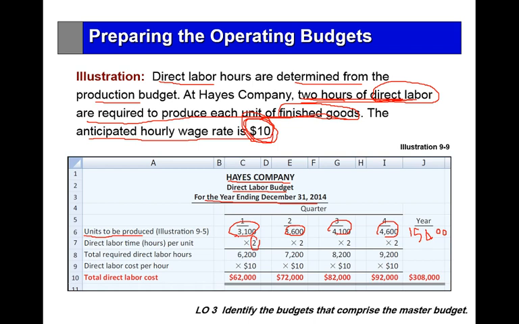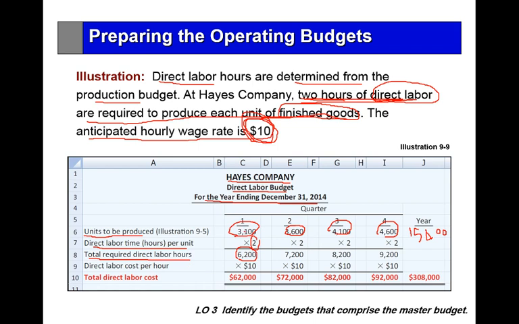Then 3,100 units of finished goods multiplied by 2 hours gives 6,200 hours of direct labor. We multiply units to be produced by direct labor hours per unit, and we have total required direct labor hours.